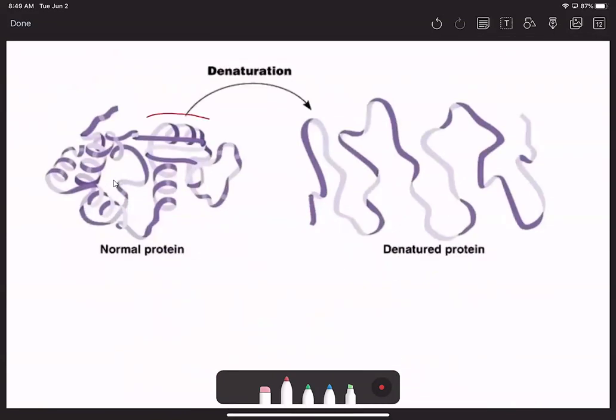So here we see alpha helixes, beta pleated sheet, but once denaturation occurs and we break all of those hydrogen bonds, it just becomes a loose ribbon, where there's no more shape to it, but all the individual amino acids are still bonded together in there.